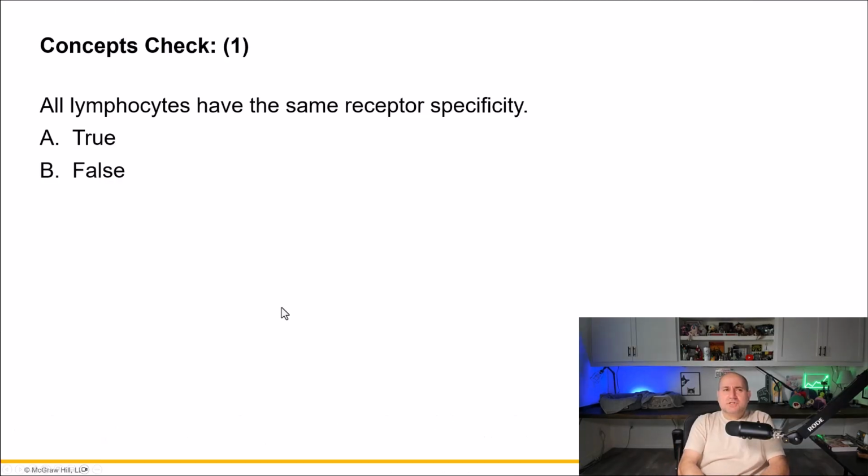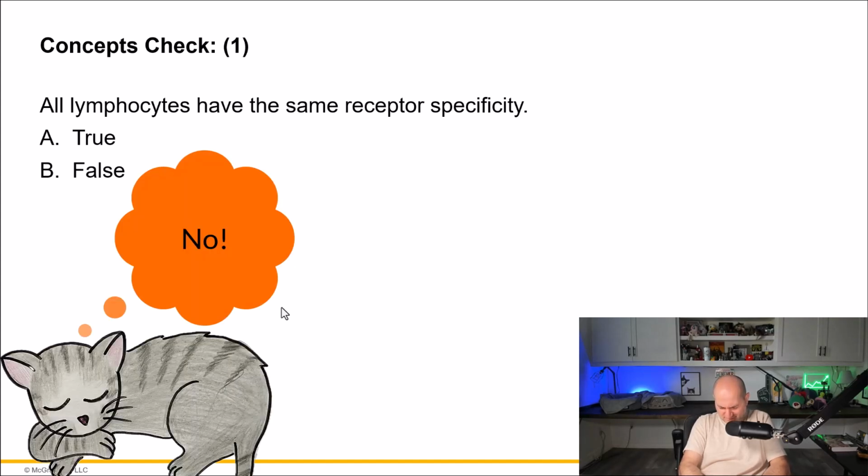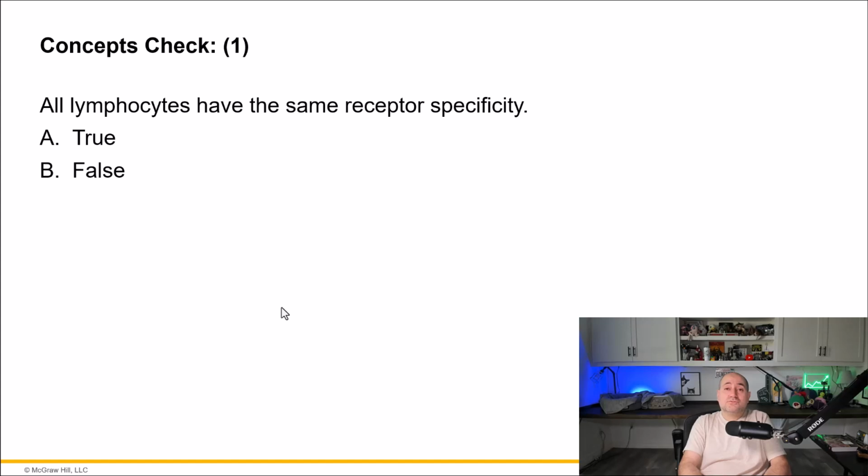And that leads us to concept check number 1. All lymphocytes have the same receptor specificity. What do you think? That's exactly right, Wicket. No, they don't, right? This is true for all macrophages. Remember macrophages, neutrophils, dendritic cells?